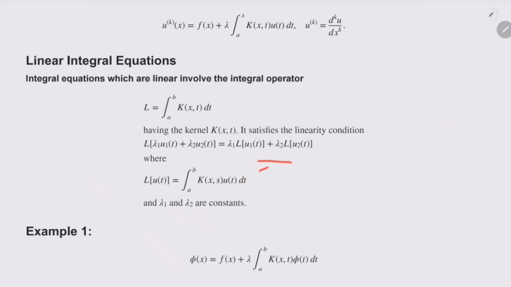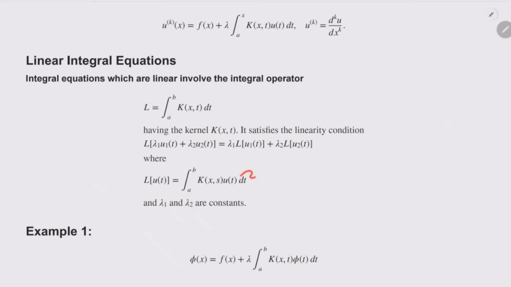Here, for example, you see that this one is unknown. L has operated on u. So this equation becomes a linear integral equation.